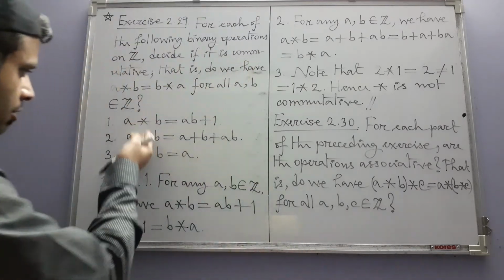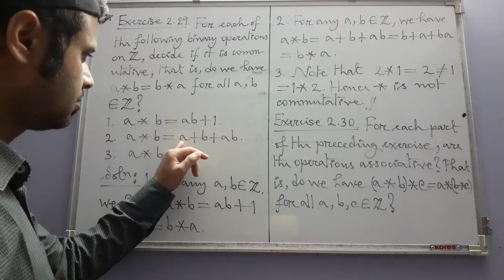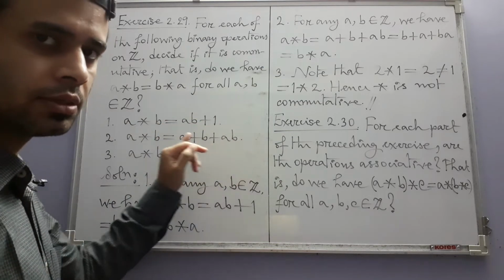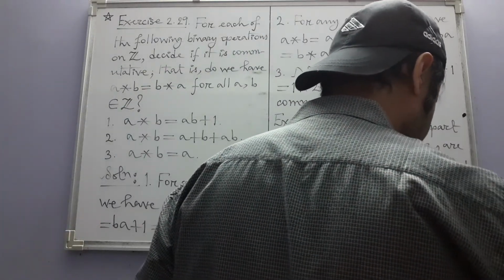So the same operations that we have here. The first one gives us AB plus 1, the next one A plus B plus AB, and the third one is A. So let's remember that and write the solution.